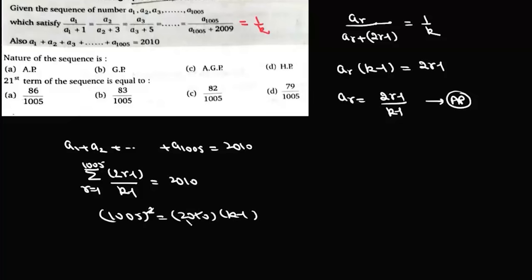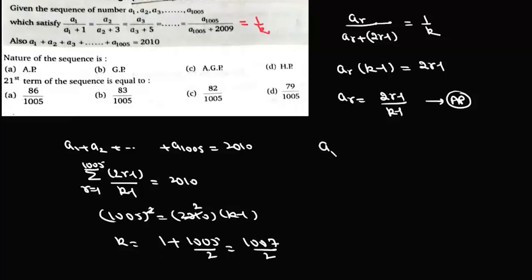Now if we cancel this, it will be simply 2, or k will be 1 plus 1005 by 2, or 1007 divided by 2. Now we need to find the 21st term of the sequence.